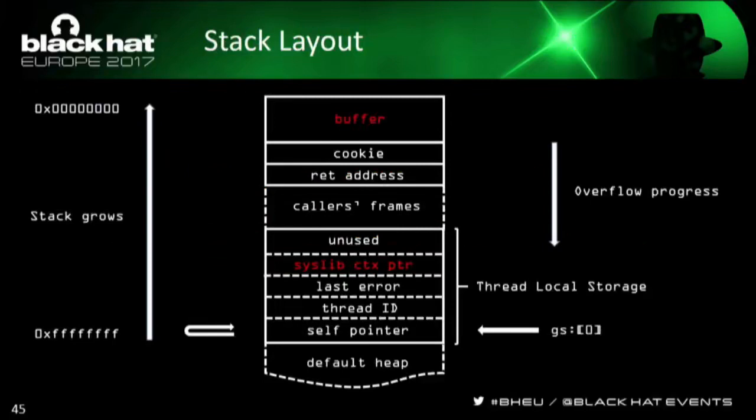We can see our vulnerable buffer, we can see the return address of the function, and the stored value of the stack cookie. Also, lower on the stack, you can see the thread local storage, having the syslib context pointer. It is not hard to come up with the idea to overwrite this syslib context pointer with a controlled address.